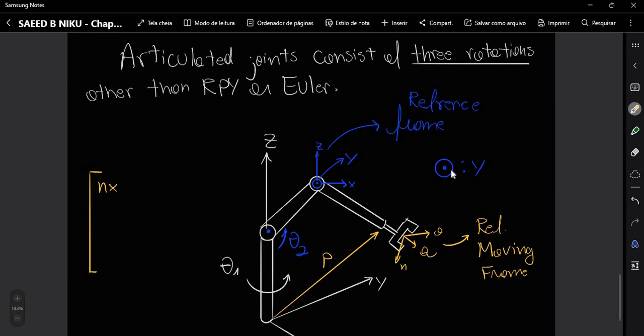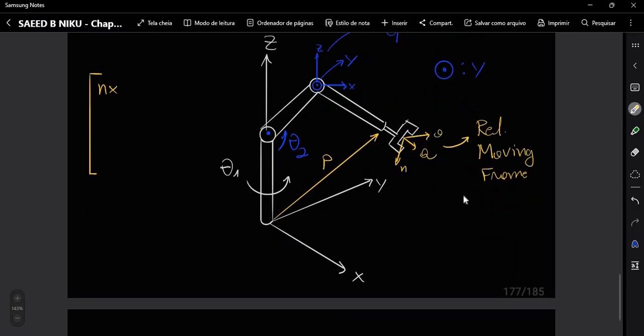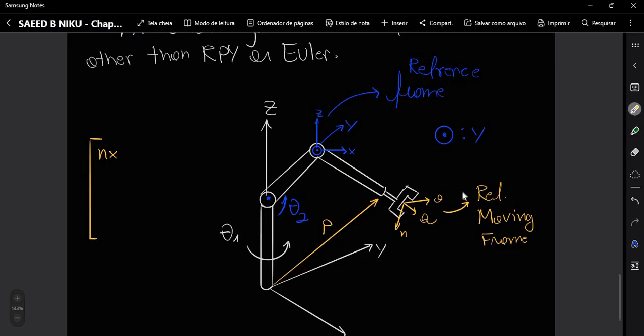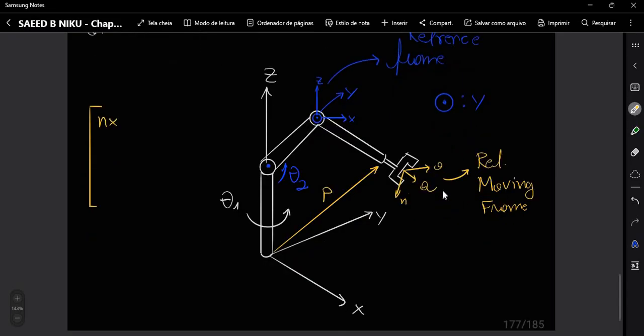Something that you have to notice from here is that this frame is a reference to this frame, and like I've been saying all this time, and I keep repeating, just because of this we can write transformations.